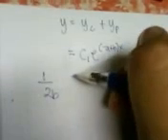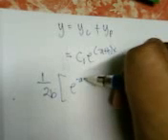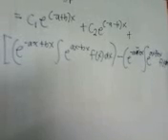So we have c1 times e raised to negative a plus b times x plus c2 e raised to negative a minus b times x plus 1 over 2b times e raised to negative ax plus bx times the integral of e raised to ax minus bx times f of x dx, minus e raised to negative ax minus bx times the integral of e raised to ax plus bx f of x dx. So this is the general solution.